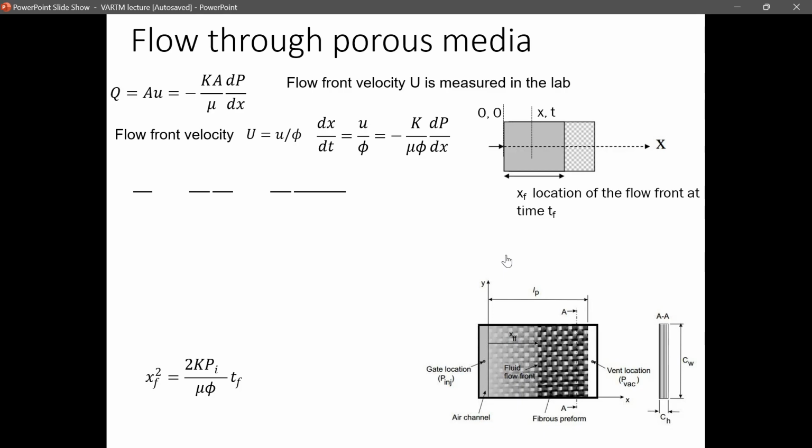That will be the porosity of the fabric. So if your fabric is more porous, it can let more resin in, with higher velocity, easier, right? Which means that your permeability has to be higher for more porous material, right?